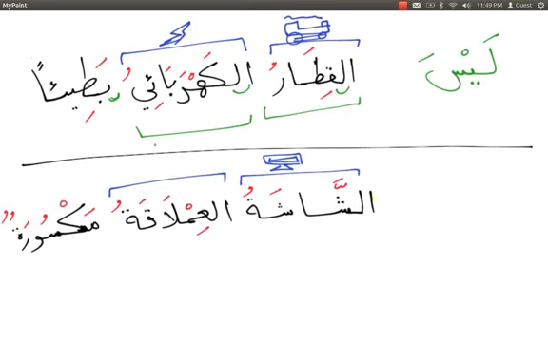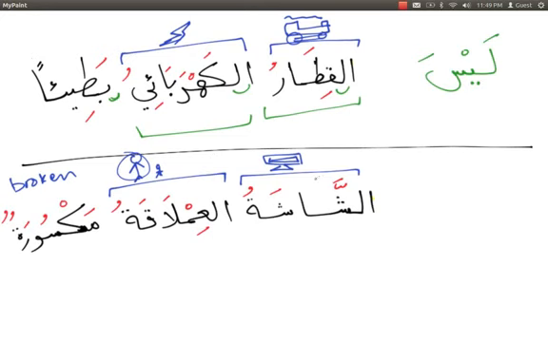So الشاشة العملاقة, the huge screen. مكسورة, or مكسور, the masculine form, means broken. So الشاشة العملاقة مكسورة. The huge screen is broken.